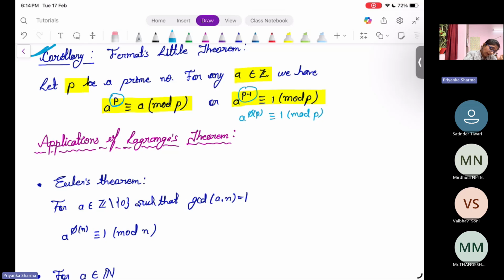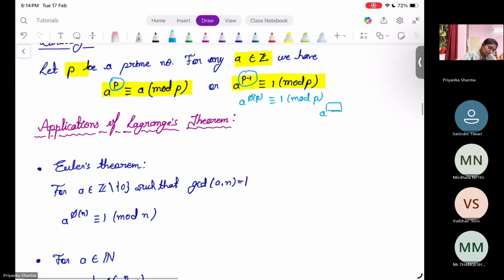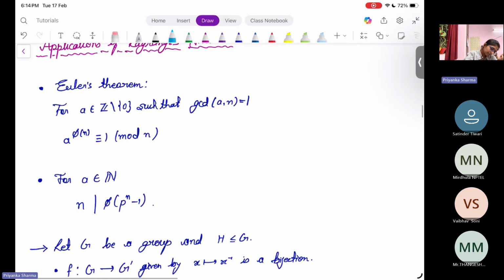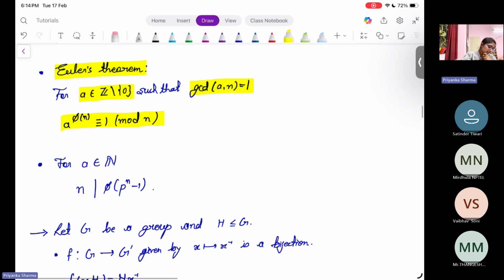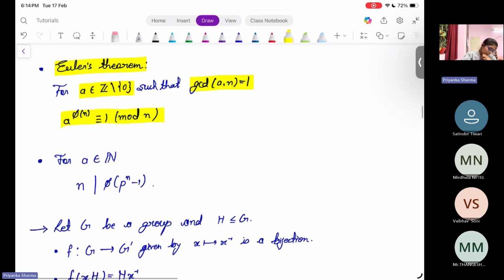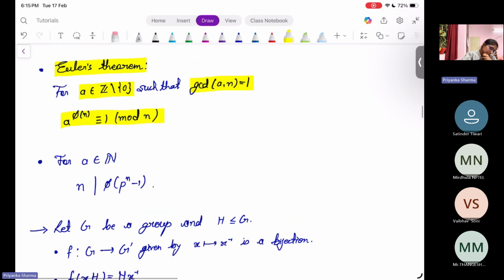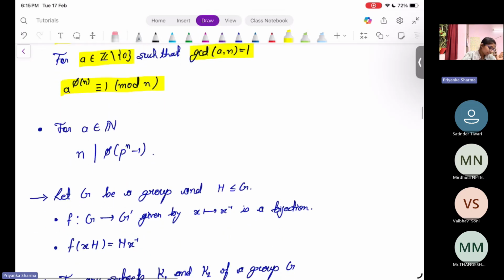But what if we have A to the power some other number? That is given by Euler's theorem. So for A belongs to Z minus 0, and we consider this restriction, GCD of A and N is 1, then A to the power phi of N is congruent to 1 under modulo N. So this is basically a generalization of Fermat's little theorem.